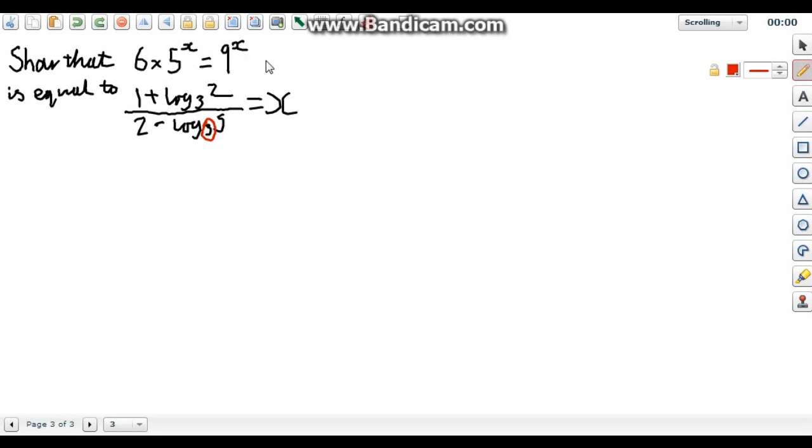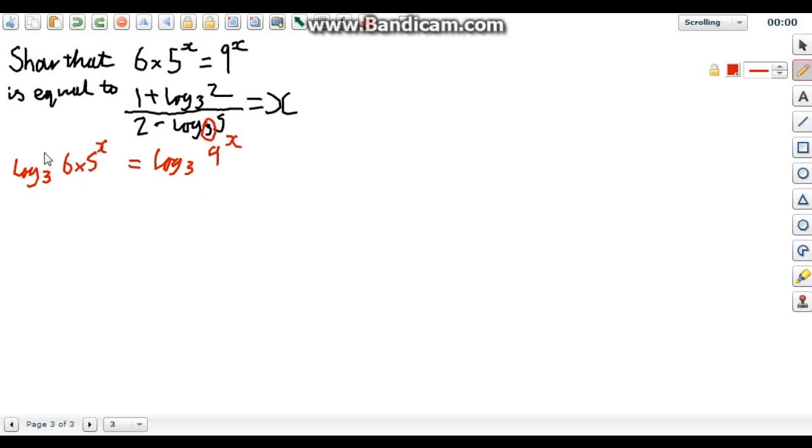So in the example of this, I've noticed that it's to the base 3, so I would do log to the base 3 of both sides. So I'm going to have to do it at some point. So I would have log to the base 3 of 6 times 5 to the x is equal to log to the base 3 of 9x. Now, same thing here.